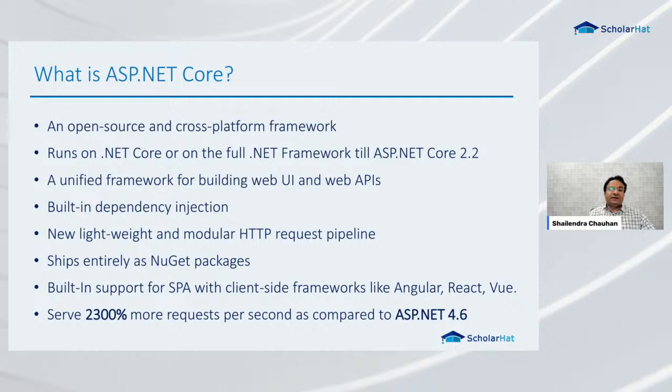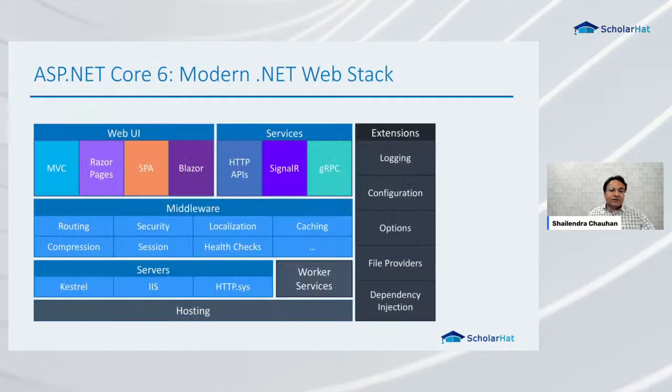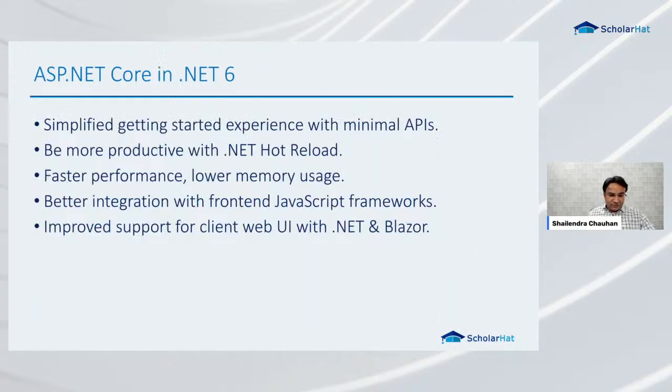So you can see it has more capability and better performance than the older versions, ASP.NET Web Forms or ASP.NET MVC 5. So this is about ASP.NET Core. Now let's move to the ASP.NET Core.